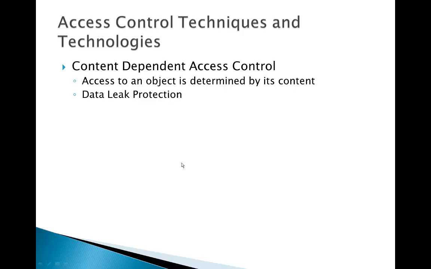It's a way to deal with folks who will email out sensitive documents or, in violation of policy, use some sort of online file sharing service to store them, a Dropbox type of thing, and so on.